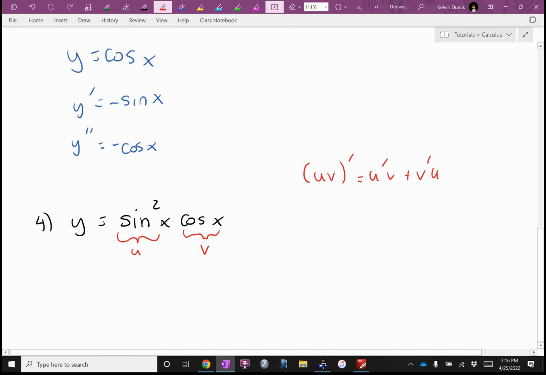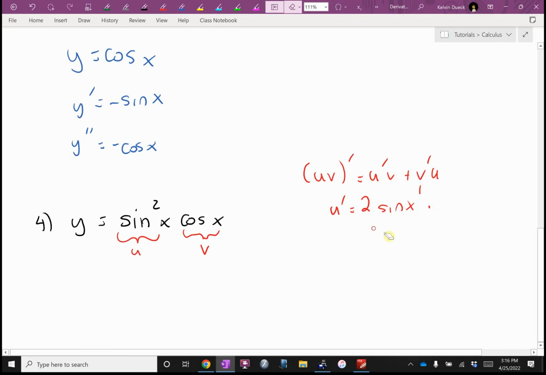What is U prime? What's the derivative of sine squared x? This is a chain rule. What's the major function? Squared. That's the outer function. How do you take the derivative of squared? Move the exponent to the front, subtract 1 from the exponent, rewrite what's inside, which is sine x, times the derivative of what's inside.